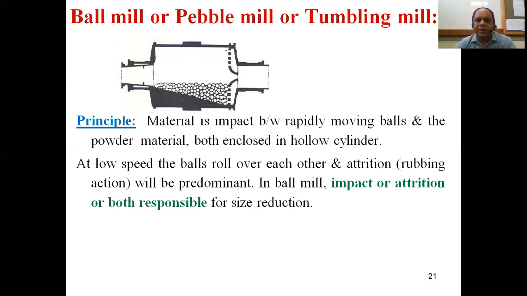So in ball mill, impact or attrition or both are responsible for size reduction. In a simple way, we can say the ball mill is based on the principle of impact or attrition or both for size reduction.